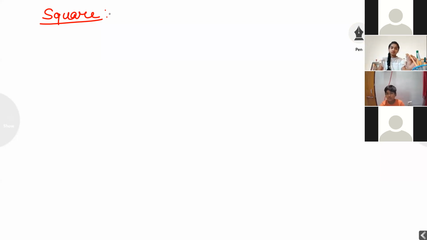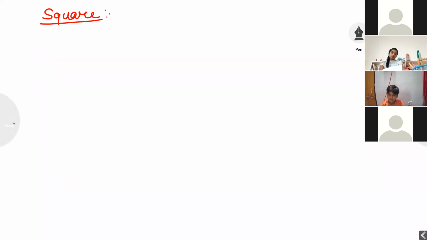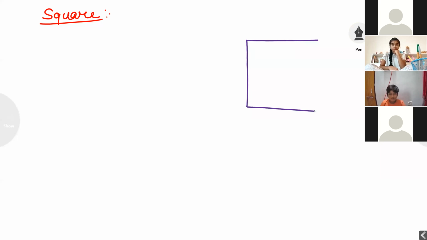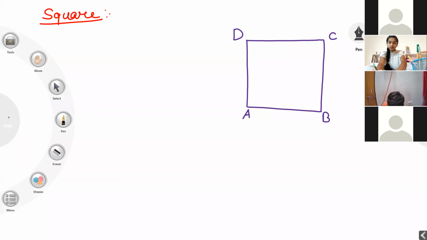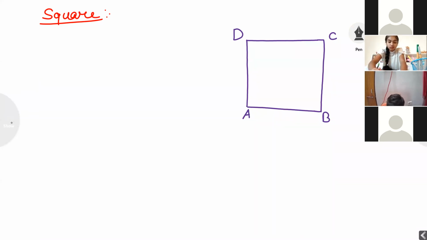Now I am going to explain properties of square. Right side, draw this figure.